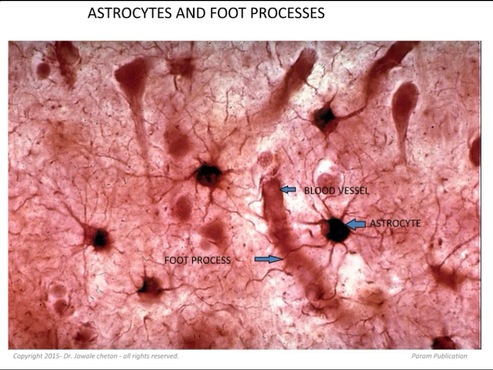The neuroglia cells may be divided into different classes, such as astrocytes or astroglia. These are star-shaped cells with many branching processes. They may be divided into protoplasmic astrocytes and fibrous astrocytes.